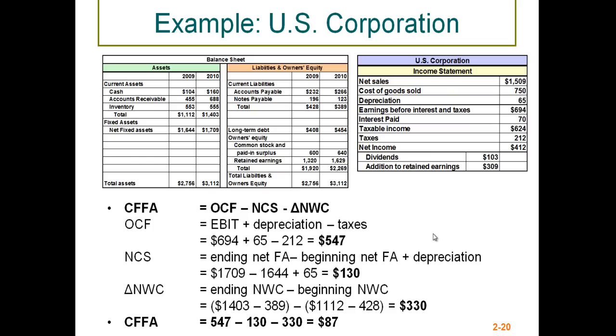Now you might be asking yourselves, why do we add depreciation back? Well, we add depreciation in because depreciation is a non-cash expense. If you look over here at the income statement, you'll see that we've subtracted out depreciation before we computed earnings before interest and taxes. Now you might think, well, why subtract it out if you're just going to add it back in?